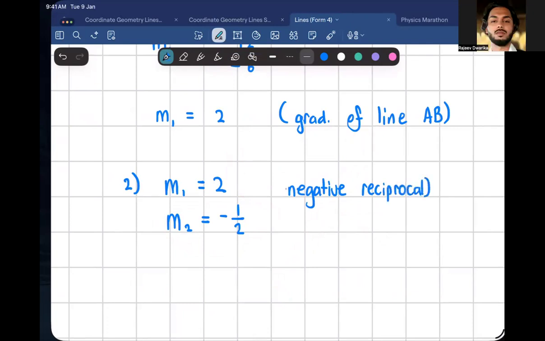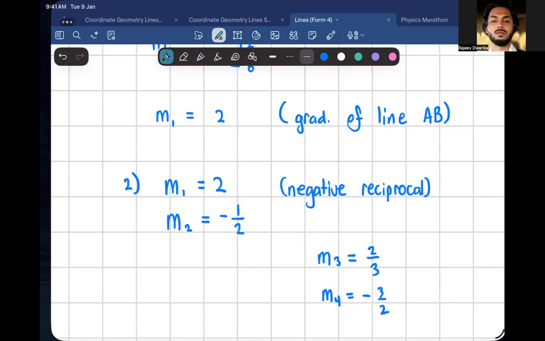Right? Negative reciprocal. So let me give you another example. If you had a line M3 and the gradient for that was 2/3, let's just say you had a fourth line and this fourth line was perpendicular to the third line, M3. What would the gradient of the fourth line be? See if you could figure that out. It'll be a minus sign in front and then 3/2.